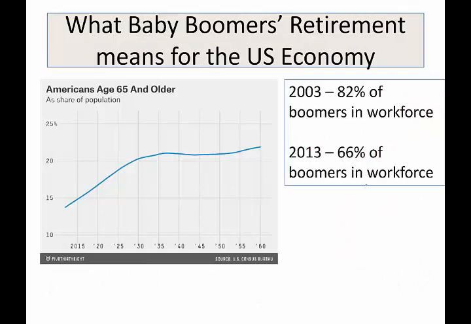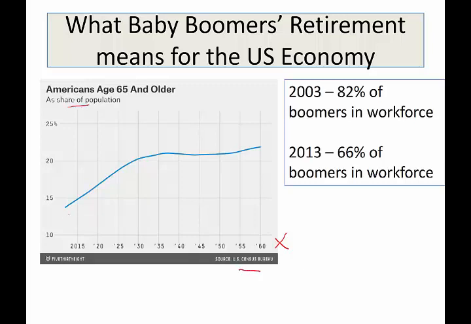If we go back to the baby boomers just for a minute, and why the age of a population can affect an economy, look here. On the x-axis are years, starting with 2015, and the y-axis is Americans age 65 and older as a part of the population. This comes from the U.S. Census Bureau.